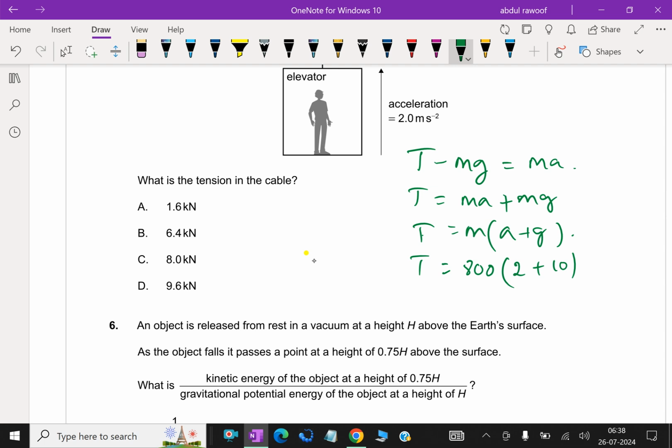So 12 into 800, which gives 9600 Newton, that is equal 9.6 kilonewton. Option D.